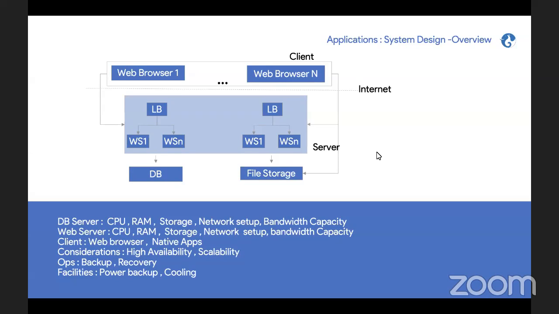If it's a batch job which does lots of data processing, then what should be the capacity of the web server? So you plan all this and decide how your system is to be designed, and then you deploy it. Based on your estimation accuracy, the system performs or underperforms. What do you mean by underperforms?